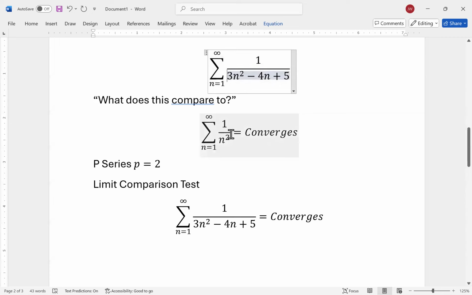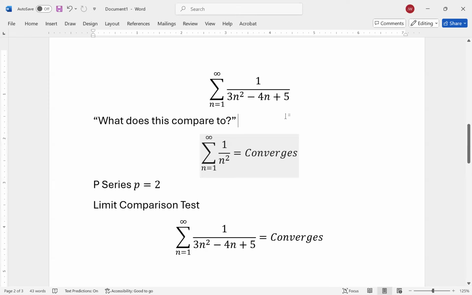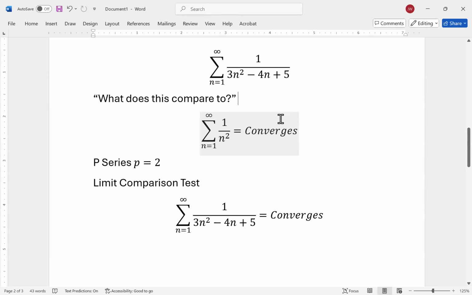I look at the limit as n goes to infinity of that ratio. So I'll show that here. But again, usually I just say, oh, I know these two are going to have a limit that is a real number. I don't have to go through the busy work of finding that limit. So I don't usually find the limit. I usually just say, therefore, it converges.